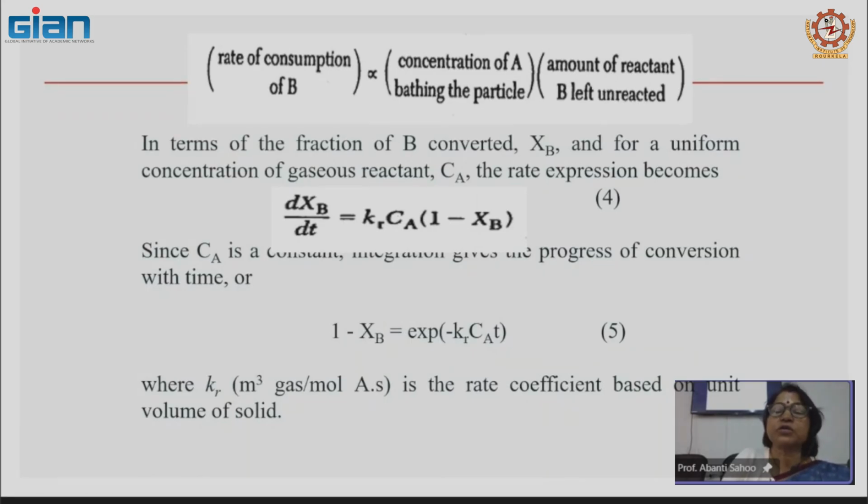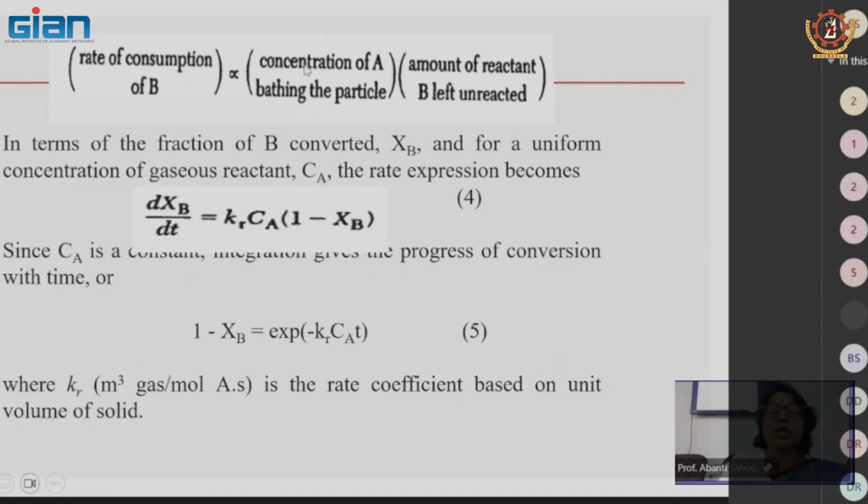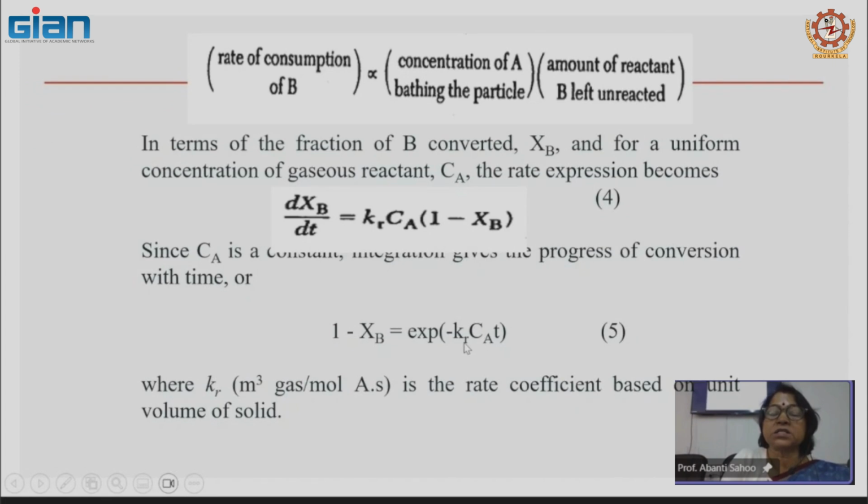Thus we can integrate this and get 1 minus Xb, how much solid remains unconverted, equal to exp(minus Kr Ca t). Here the unit of K is meter cube of gas per mole of gaseous reactant per second.